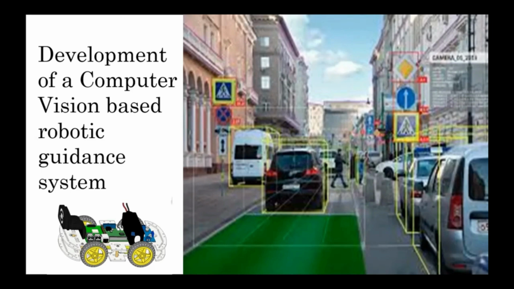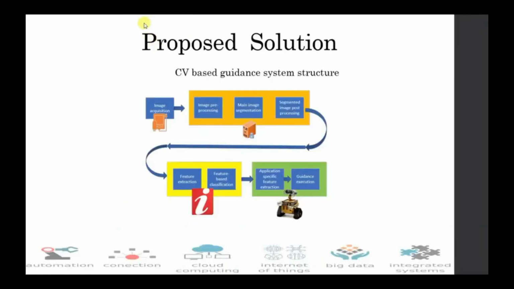The camera will see whatever is in front of it. The image comes from the camera, is processed and segmented, and post-processed before it is sent to the feature extraction part of the code.